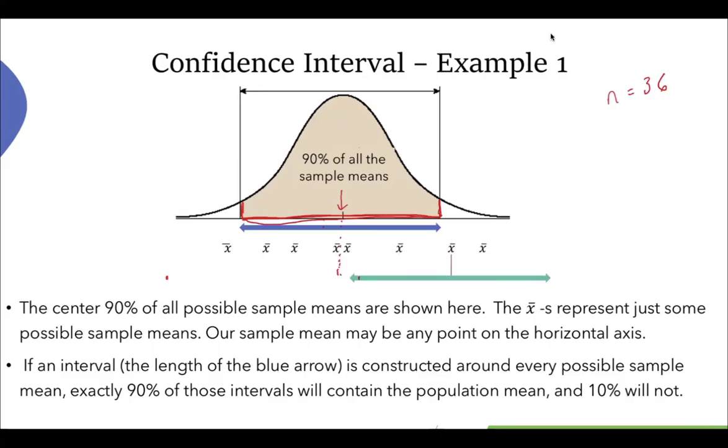However, when we go too far, when we go past this border of the shaded area, now this X bar out here is too far away. The population mean is not captured in that interval, and the population mean for this X bar is not captured in the interval either. So I'm going to do it with a different color here.